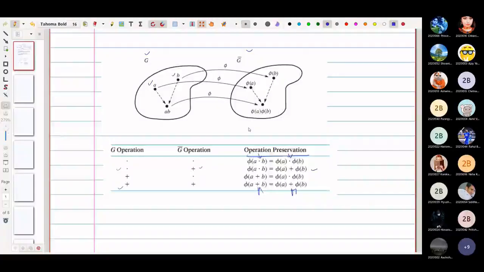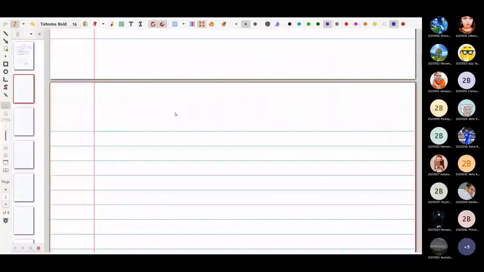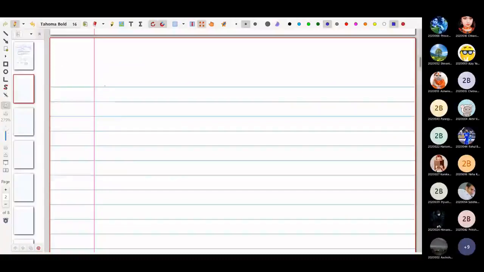Now it is time to have some examples. Let us see example number 1. Let G be the group of the set of real numbers under addition, and let G bar be the group of positive real numbers under multiplication.